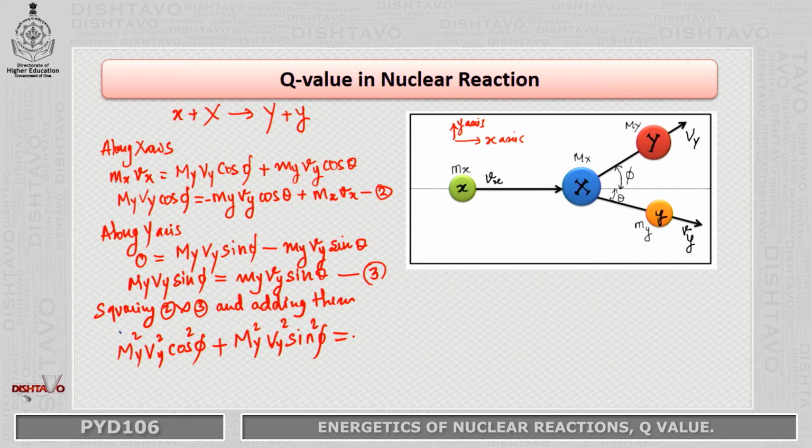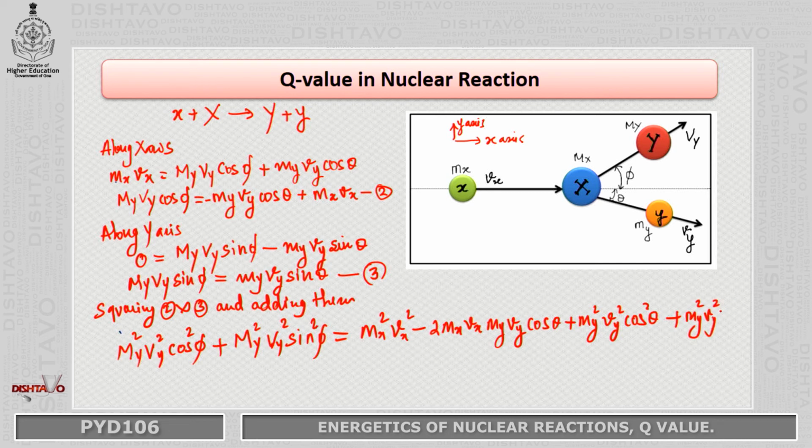This will be equal to, now we have to square this particular term, so that will be mx square vx square minus 2 mx vx, then this term will come, that will be my Vy cos of theta, plus my square Vy square cos square theta, plus this term, my square Vy square sine square theta.